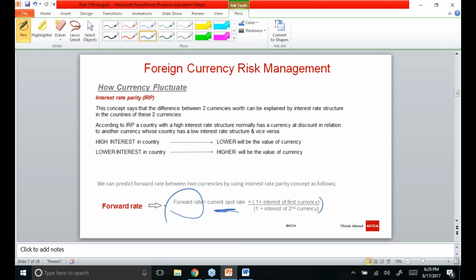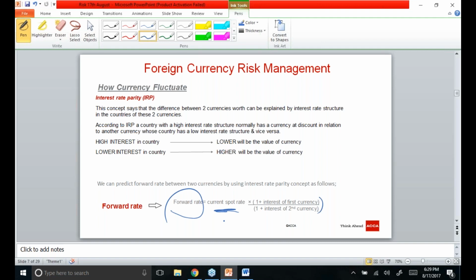So how are you going to calculate the forward rate? If you are provided with the current spot rate and the interest rates of two currencies, you can calculate the forward rate.